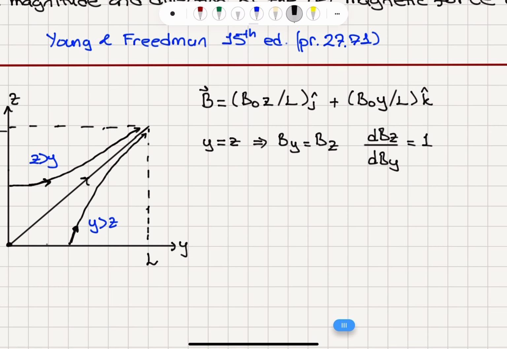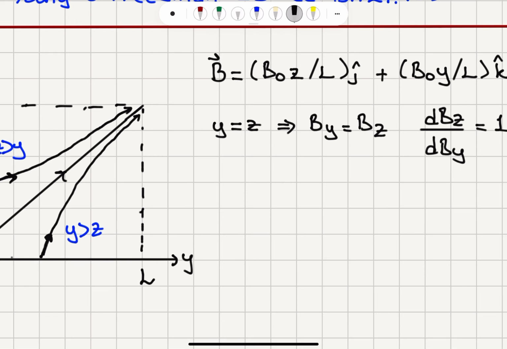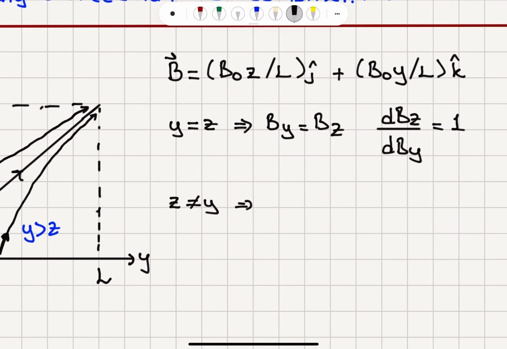What happens if z is not equal to y? Then I look at the slope dBz/dBy.